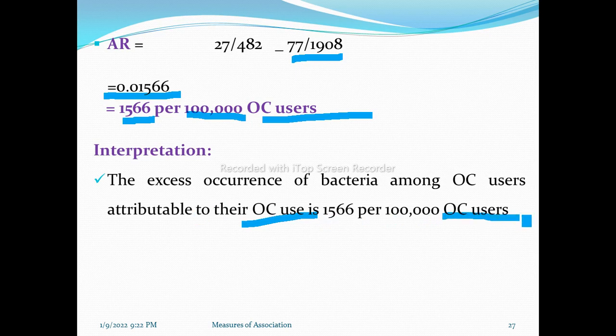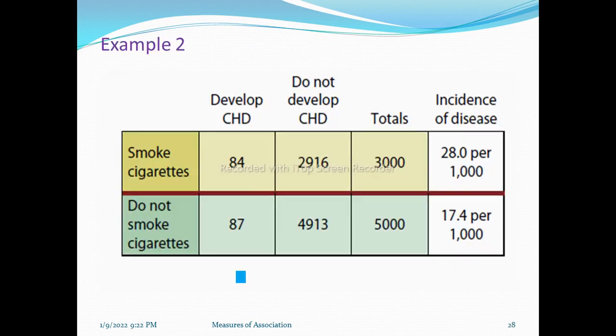So this is the excess occurrence of bacteria attributable to their oral contraceptive use. It does not include other risk factors. Example 2: this is CHD, the disease group, this is the non-disease group, this is the exposed group, this is the non-exposed group, exposed to cigarettes. The incidence of disease in smokers is 28, and the incidence in non-smokers is 17.4 per thousand.